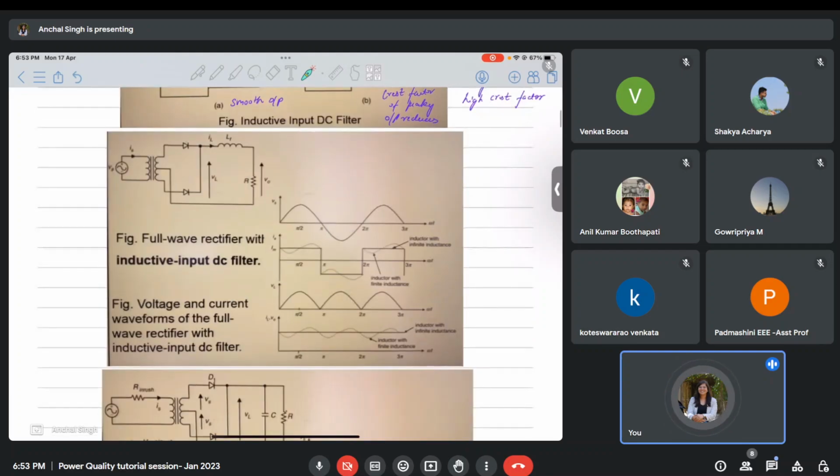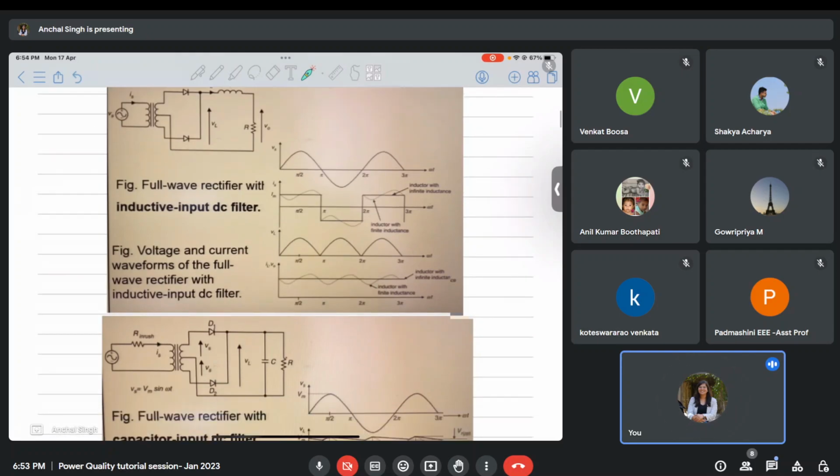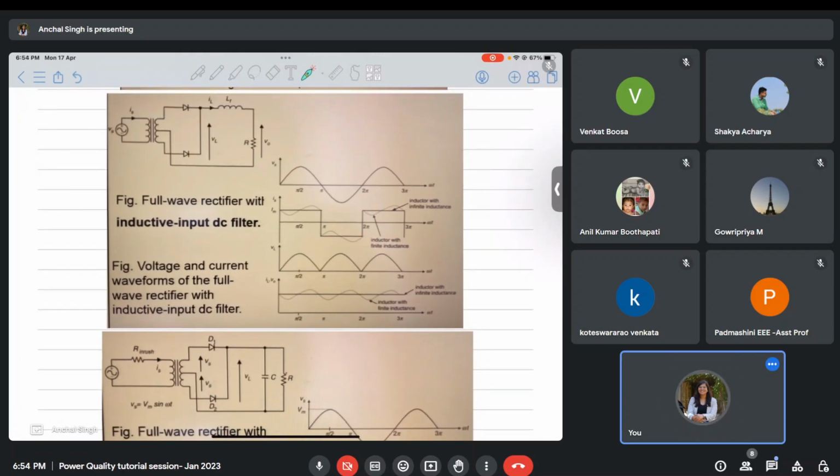Depending on the filter, when you have an inductive filter, your voltage is not exactly like this; this is the average variation of the voltage. The actual variation of voltage is something like this. This is the actual waveform. It is close to a square wave, but it is not actually a square wave.